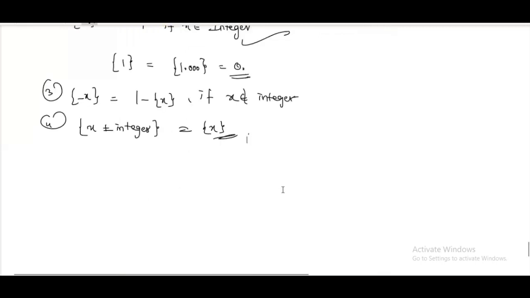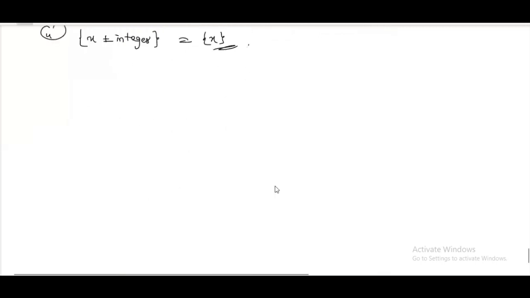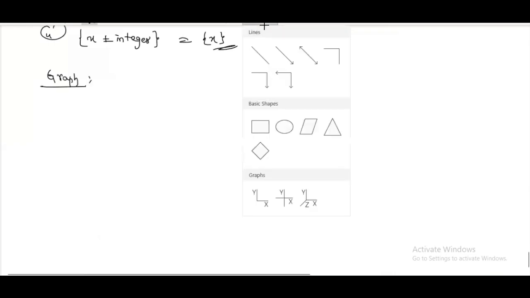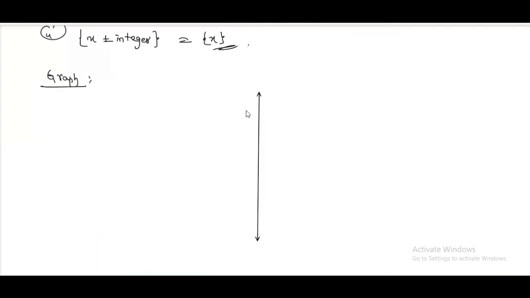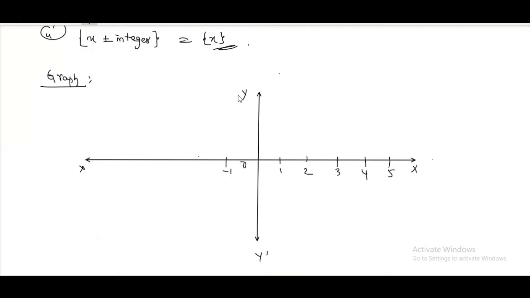So how will the graph be? Let's see the graph of the fractional part function. Let's think this is the y-axis and this is the x-axis, so this is x'Ox and y'Oy. Marking 0, 1, 2, 3, 4, 5 and -1, -2, -3, -4, -5, -6, and y as 1 and -1.